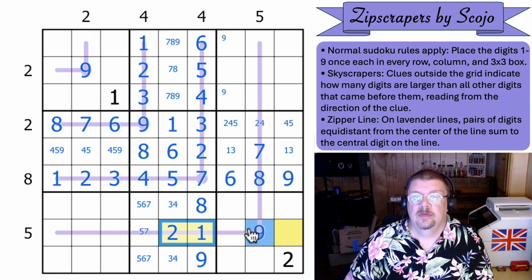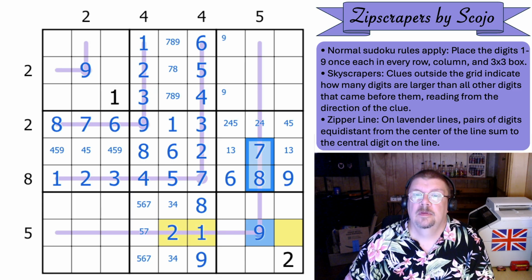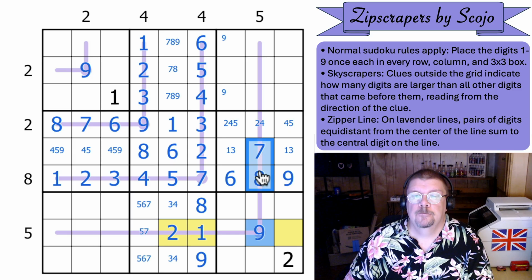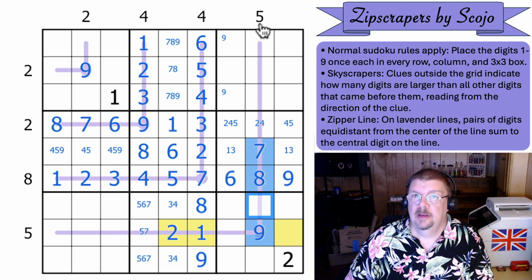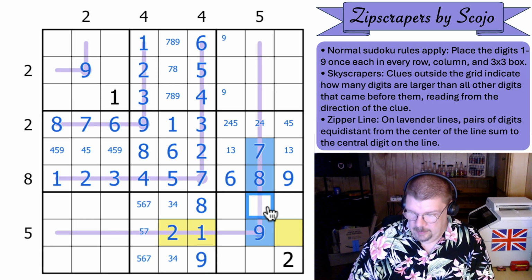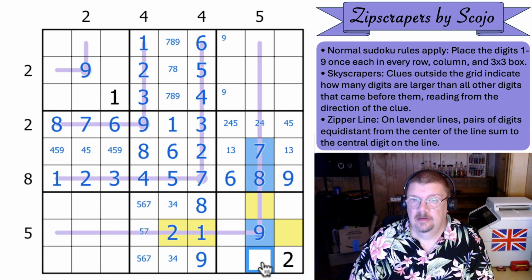Right. These two are definitely seen. This cell is definitely not seen in this column, so I can mark that. This cell is definitely not seen in this column.